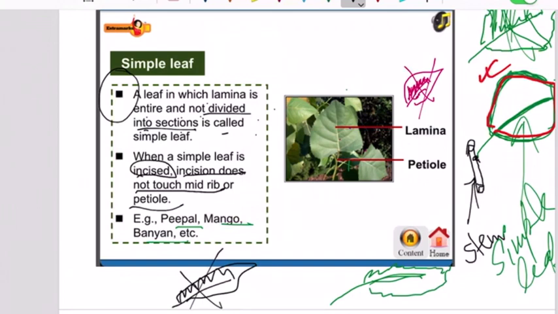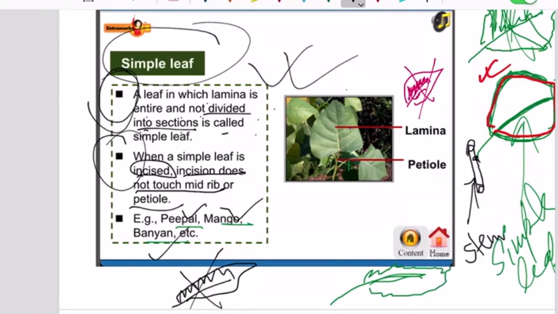Such leaves are seen in peepal, mango, banana. These types of leaves are called simple leaves. So these two points are very important: the definition of simple leaves, what happens to the incision if present, and the examples of the simple leaf.